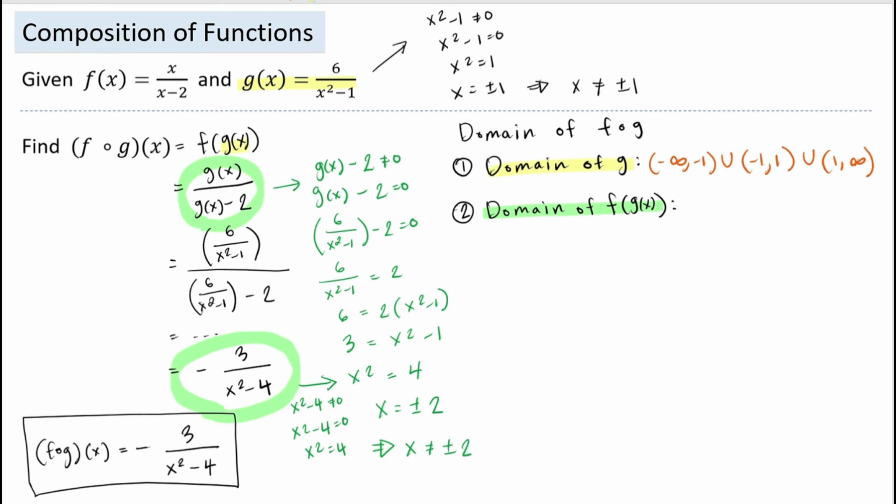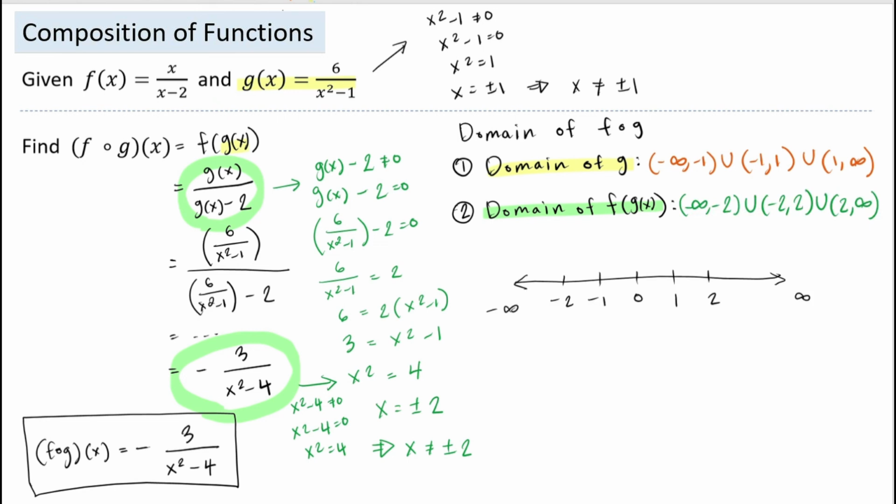So the domain is all real numbers except plus or minus 2. From the intersection of 1 and 2, we get the domain of the composite function of f and g, which is all real numbers except plus or minus 1 and plus or minus 2.